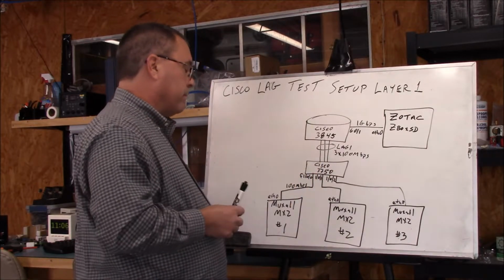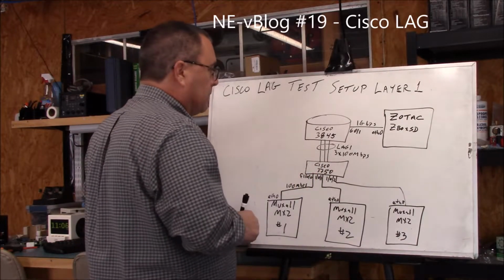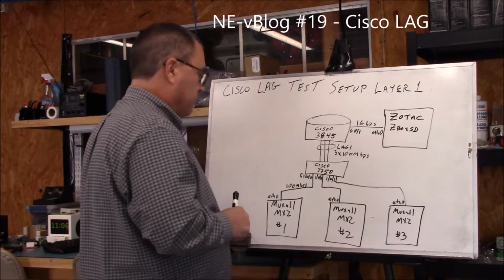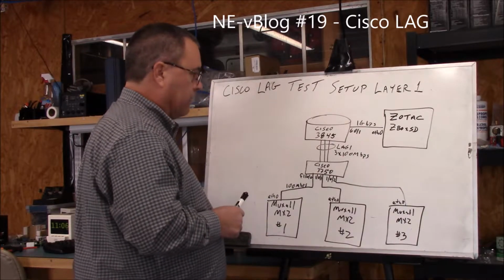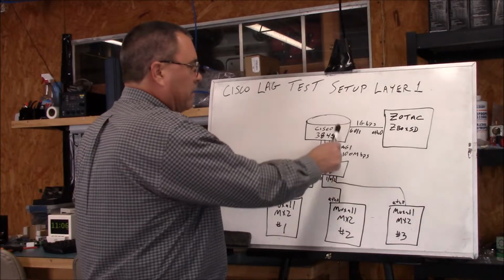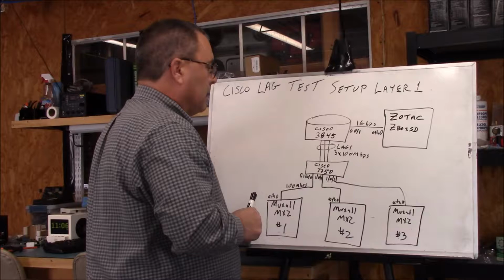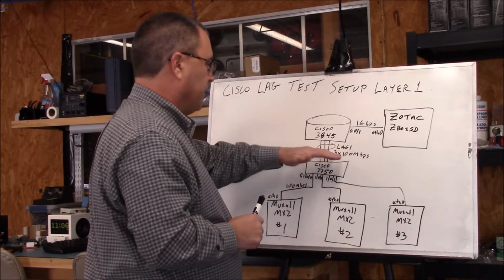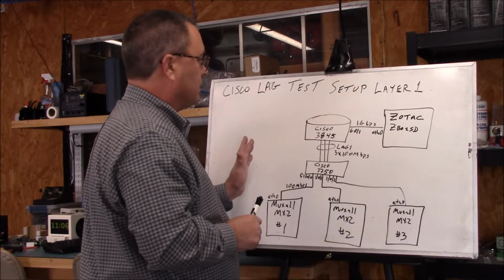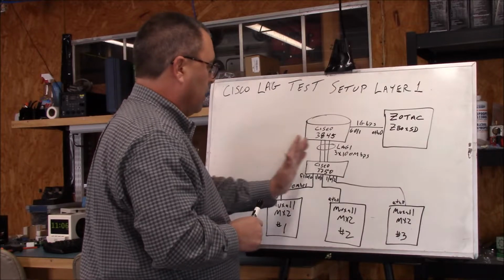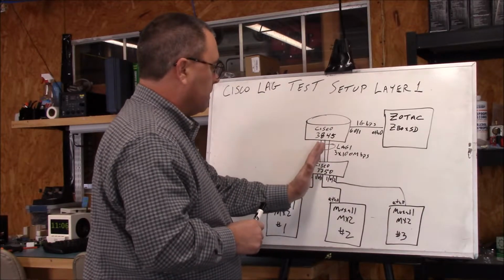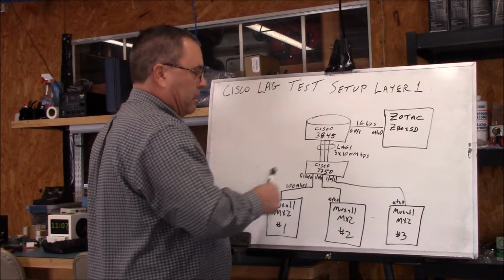If you haven't seen that video, you can go look where we've set that up. That's quite a lengthy video. Now for our test setup, one of the things we're going to test is how it's going to load balance across these links in the lag.